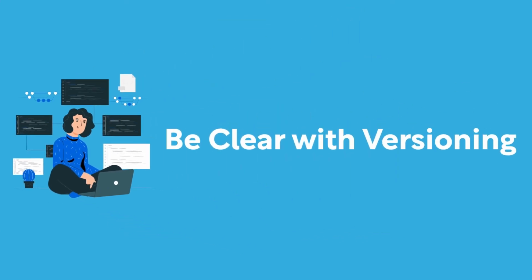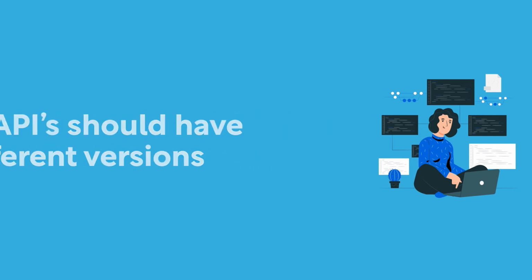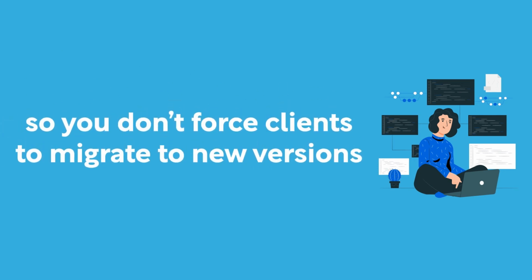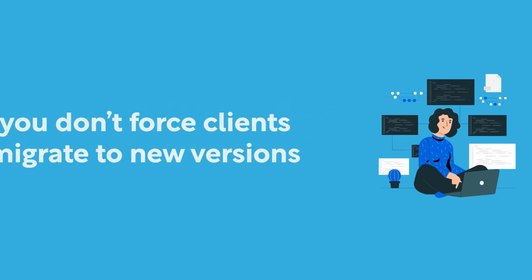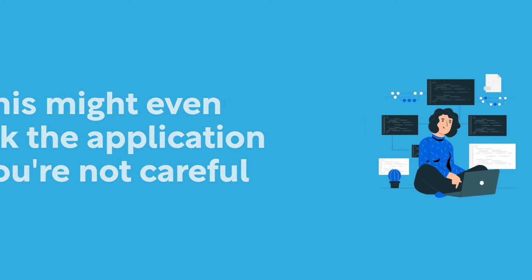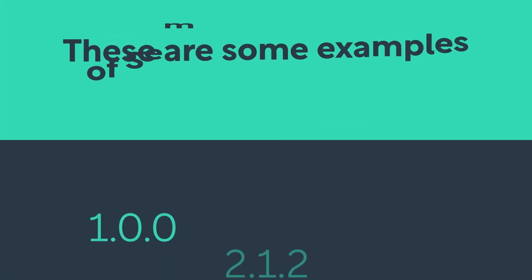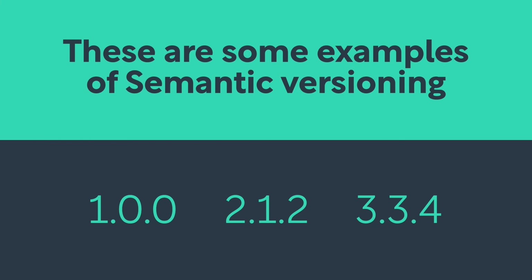8. Be clear with versioning. REST APIs should have different versions, so you don't force clients to migrate to new versions. This might even break the application if you're not careful. One of the most common versioning systems in web development is semantic versioning. These are some examples of semantic versioning.